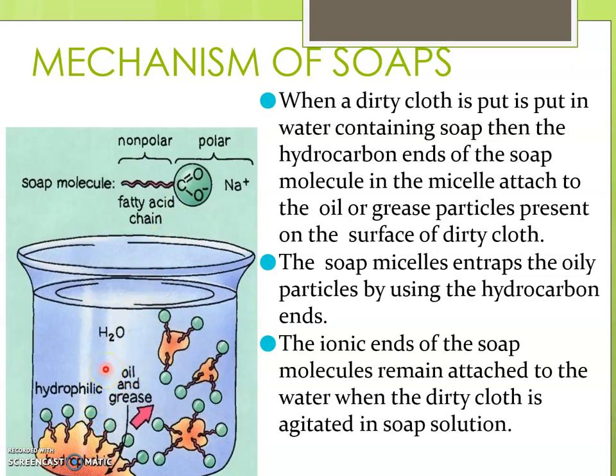The hydrophilic head part is soluble in water, and the hydrophobic tail part is attached to the dirt or oil. If there is oil or grease on the cloth, the tail part is attached to it, and these soap molecules form a micelle structure and carry the dirt particle away from the cloth through water.